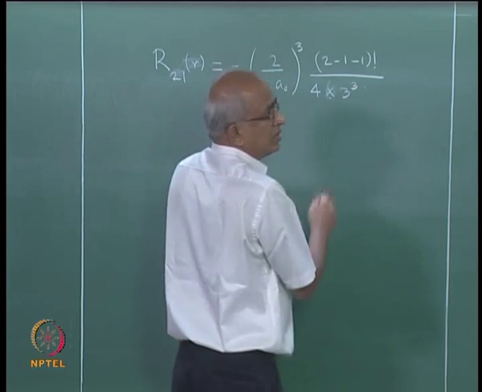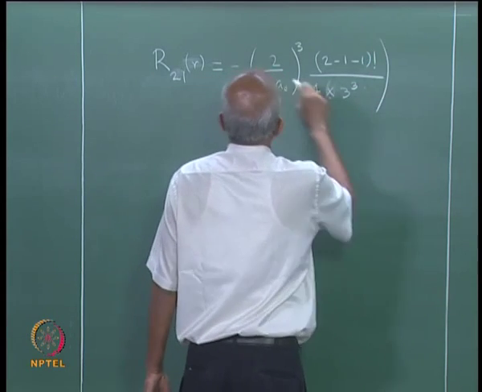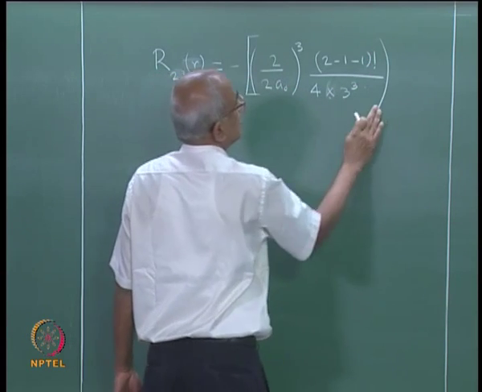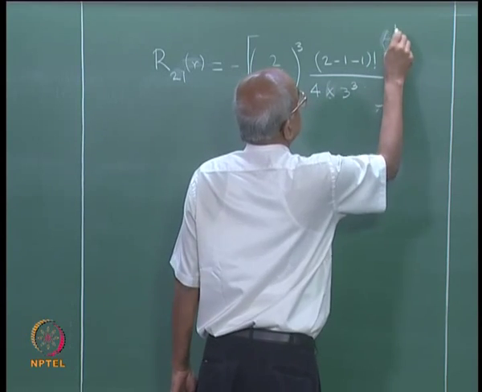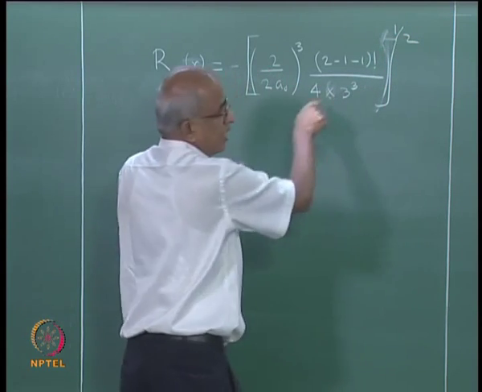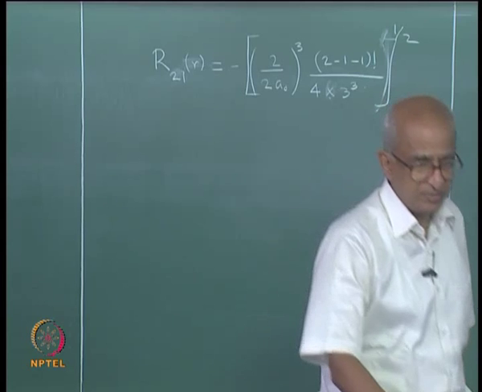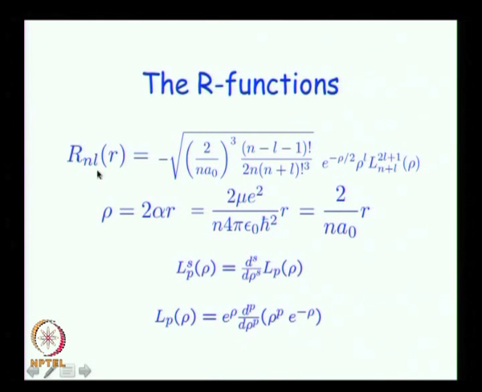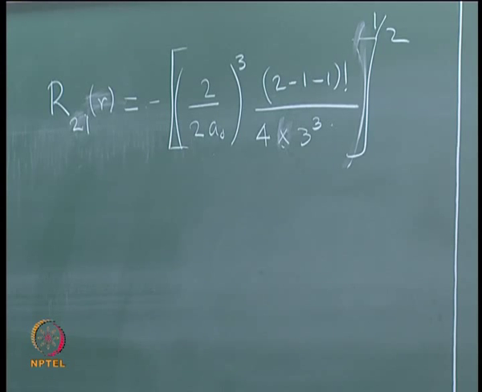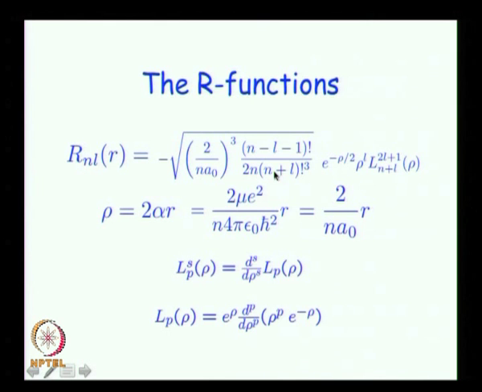I am jumping some steps. I just substituted the values of n and L in this expression. In this expression I have substituted the values of n and L, n is equal to 2 and L is equal to 1.